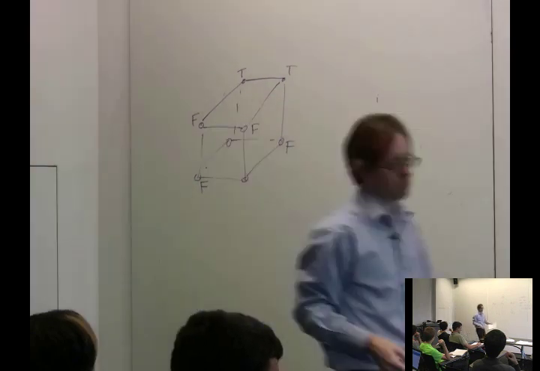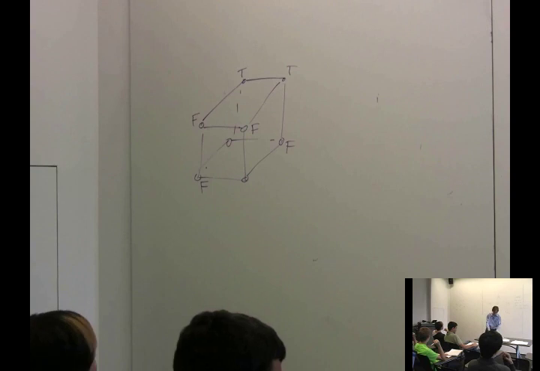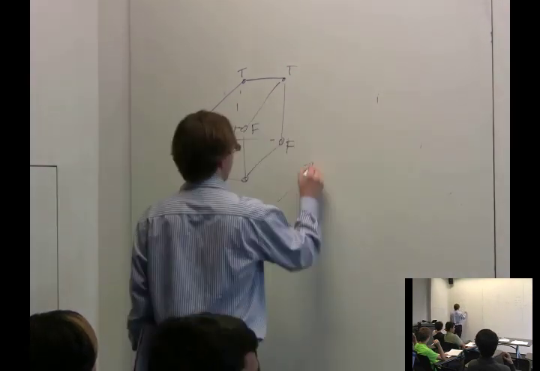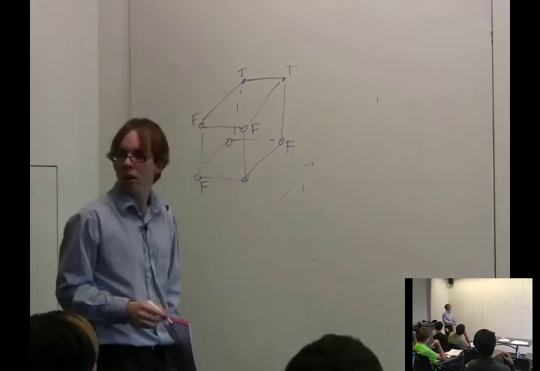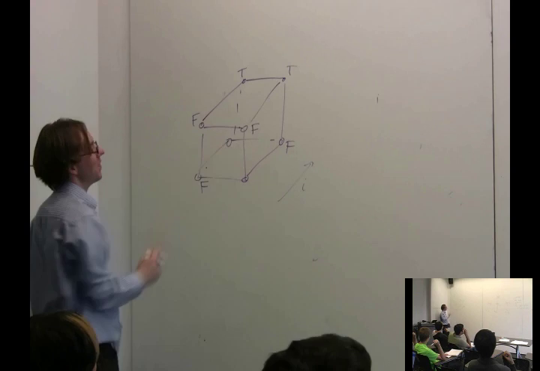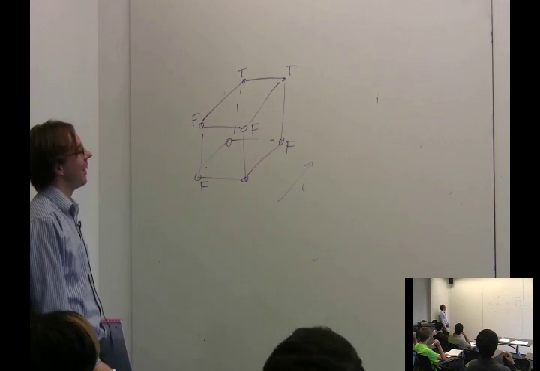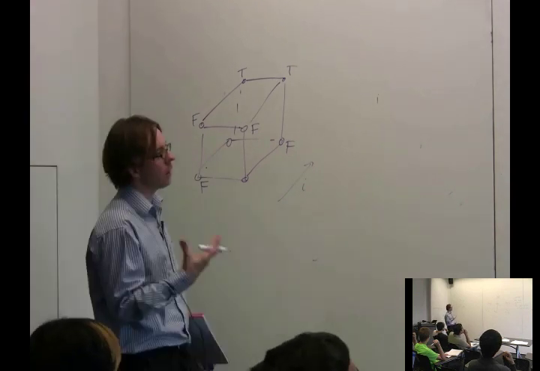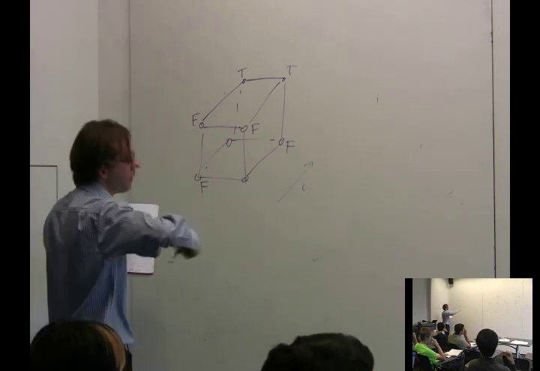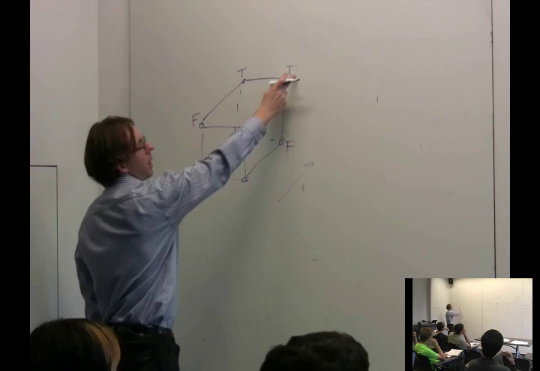And we're fixing some coordinate i, so let's say the ith direction. Let's imagine that this is the ith direction. Yeah, I didn't finish the diagram. Yeah, there should be something here and here as well. Okay, so when you're normally considering the influence, if you think about it geometrically, it's the fraction of edges in the ith direction that are bichromatic, that have one true and one false.